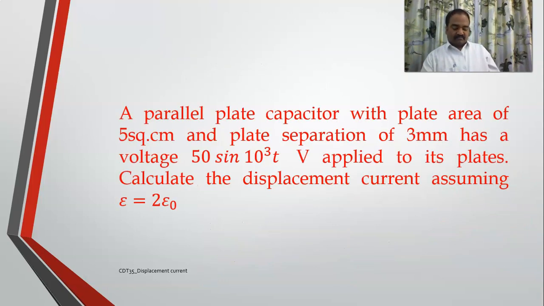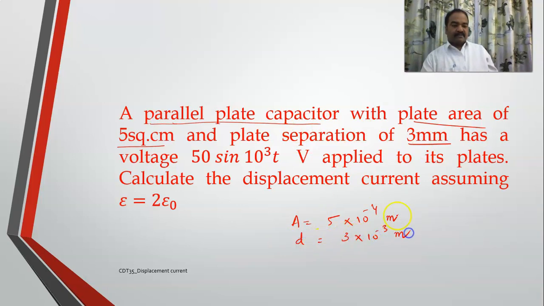We will try to employ these equations in the tutorials at the end of this week. Now let us determine the displacement current with a simple example. There is a parallel plate capacitor with a plate area A of 5 square centimeters, which is 5 times 10 to the power of minus 4 square meters. The plate separation d is 3 millimeters, which is 3 times 10 to the power of minus 3 meters.